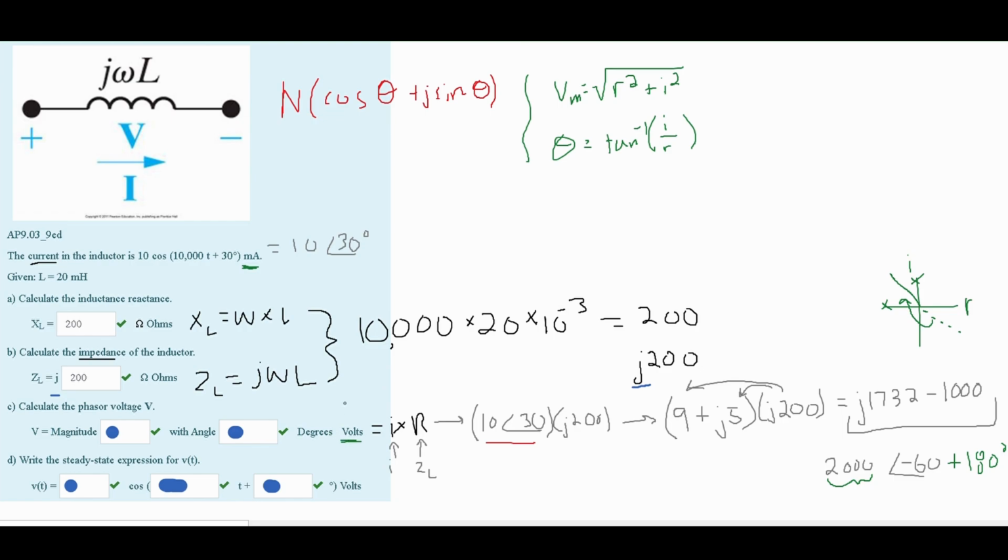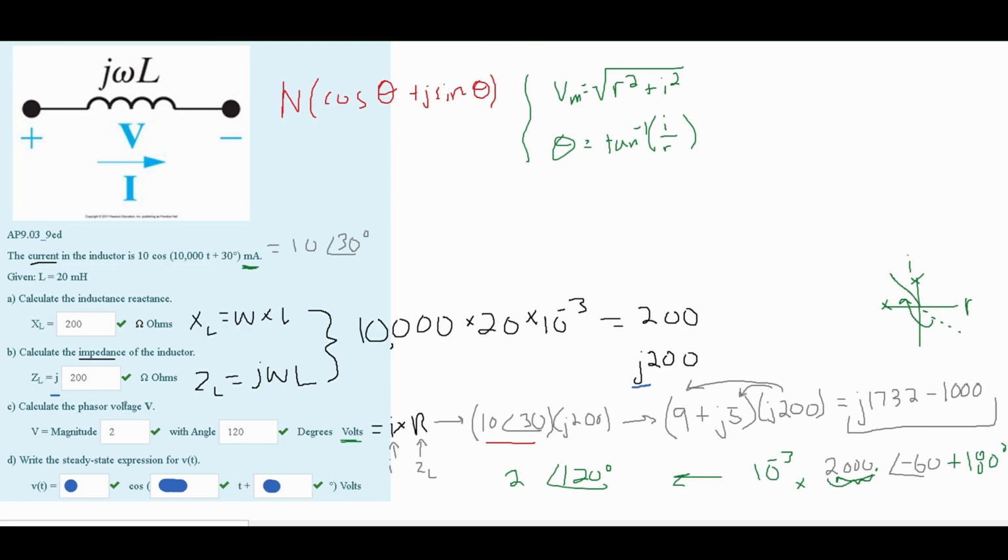So we take our 2000 and multiply it by 10 to the negative 3, which cancels out the millis. We move the decimal place over 3 spots, and that leaves us with a 2. So our final answer is 2 with an angle of 120 degrees. And if I reveal the answers, we can see that is what we need for part C.